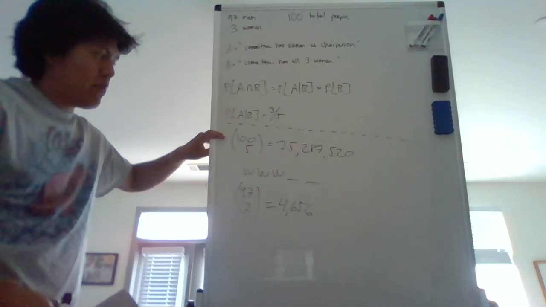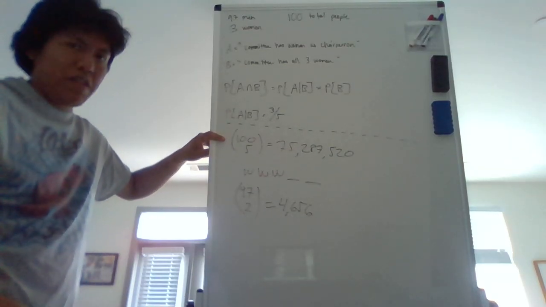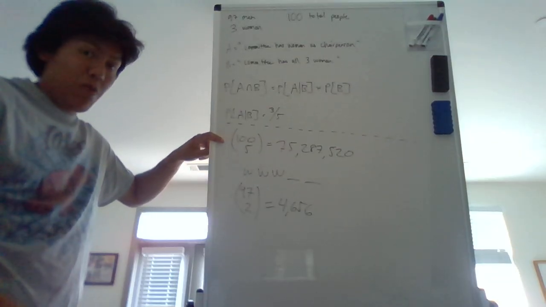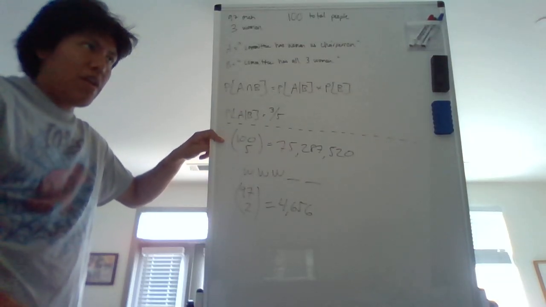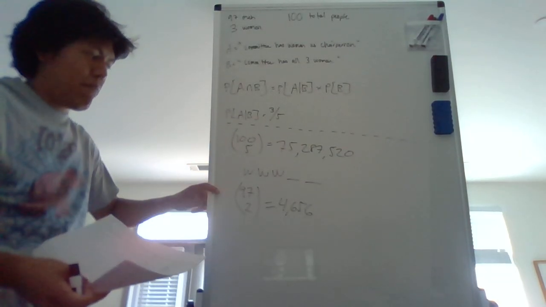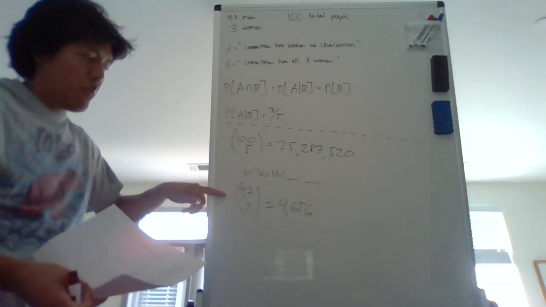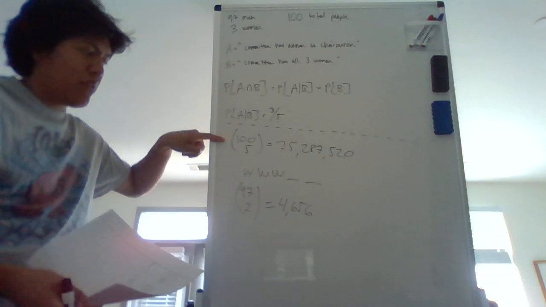In order to do that, this is going to be our denominator, because this is how many total possible committees we can make, and we're trying to find the probability that we have a committee that has all three women. So it would be this number over this one.